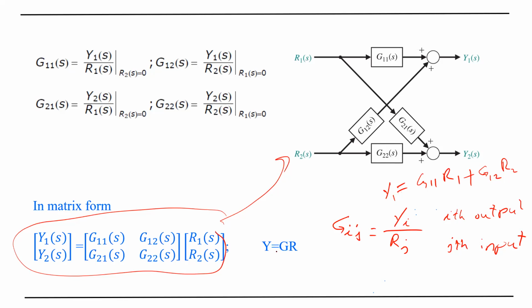Suppose I have y equal, let's say, 1 over s plus 3, 0, 2 over s plus 7, minus 1 over s plus 2.